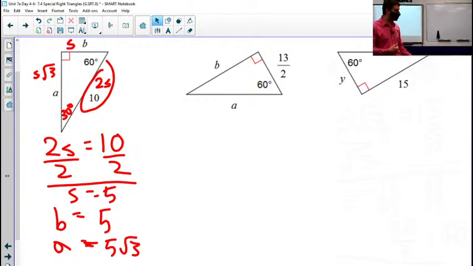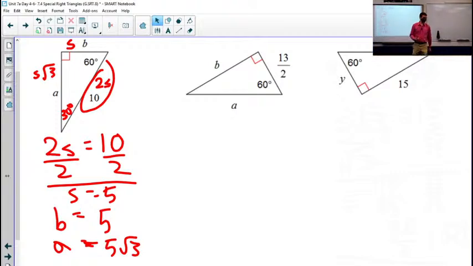And then the long leg, tack on the square root of 3, done. All right, if you're good to go with doing those that fast and doing those as kind of a shortcut, then that's fine. I am showing that longer process for those of you that kind of need that more step-by-step idea.